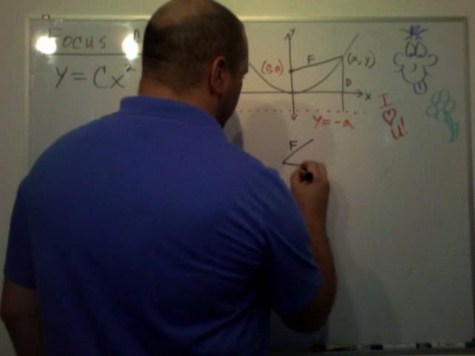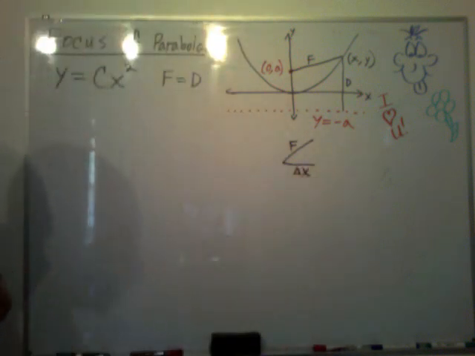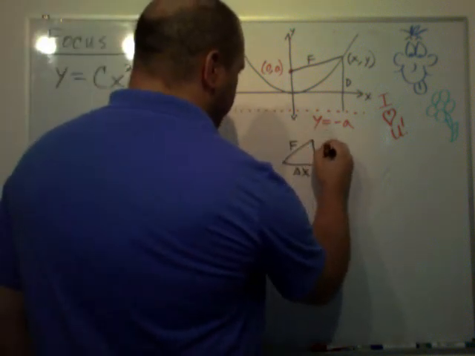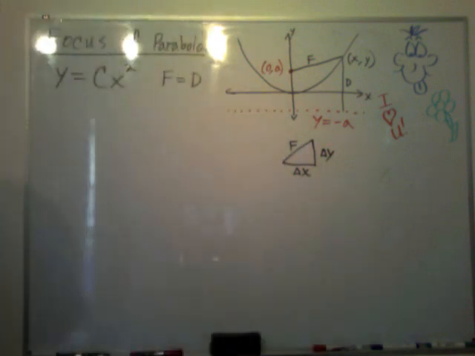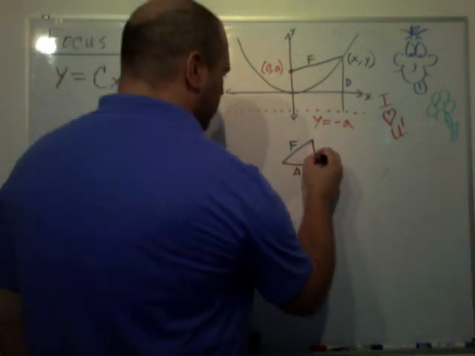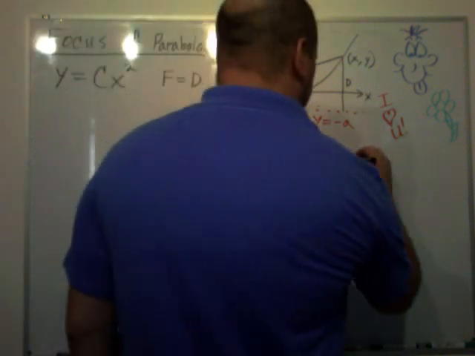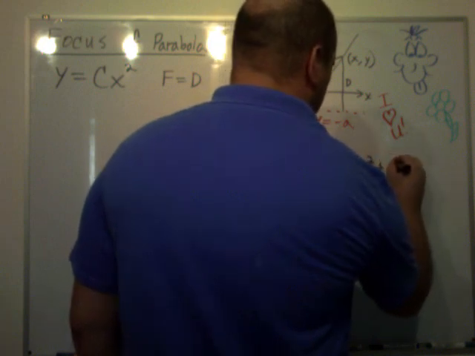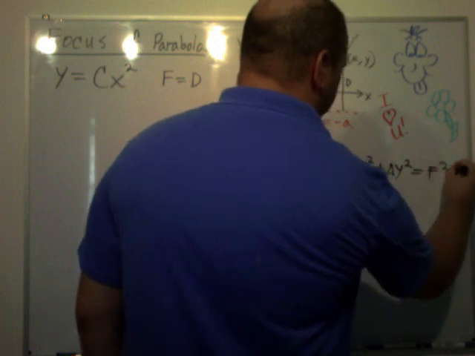We can look at how much x changes, the distance in the x direction, and also how much y changes, the distance in the y direction. Those are at 90-degree angles with each other. And so applying the Pythagorean theorem, we see that delta x squared plus delta y squared is equal to f squared.